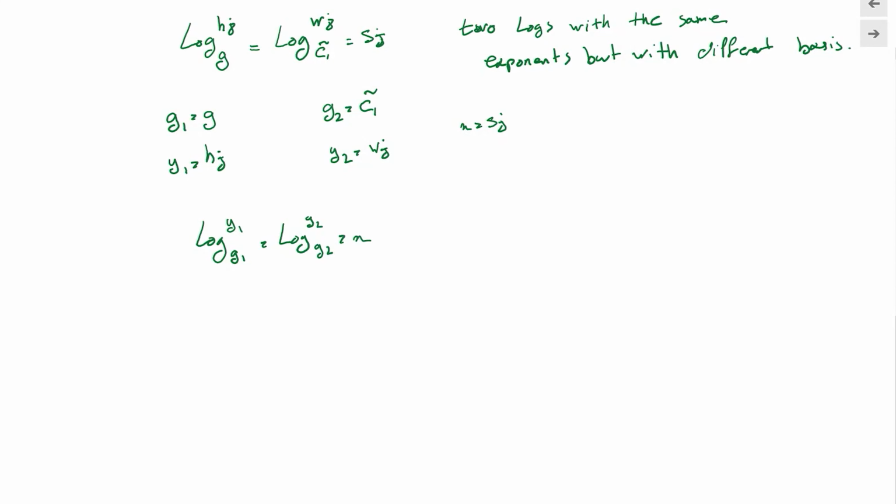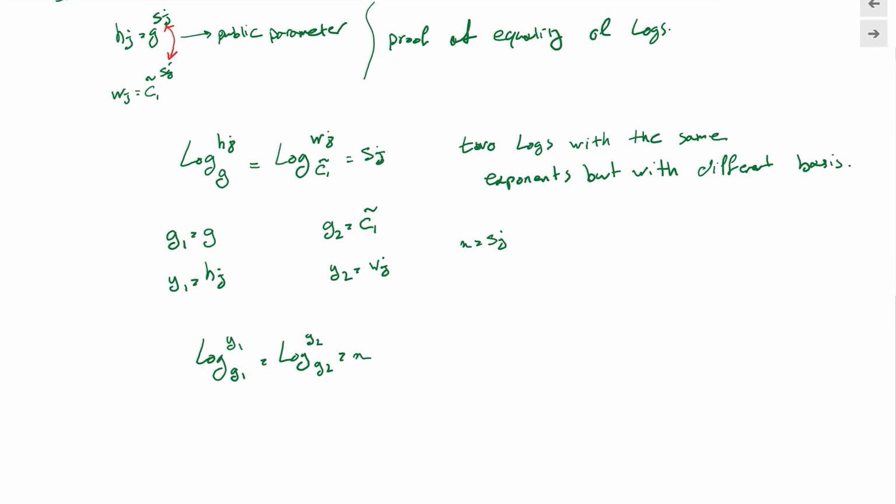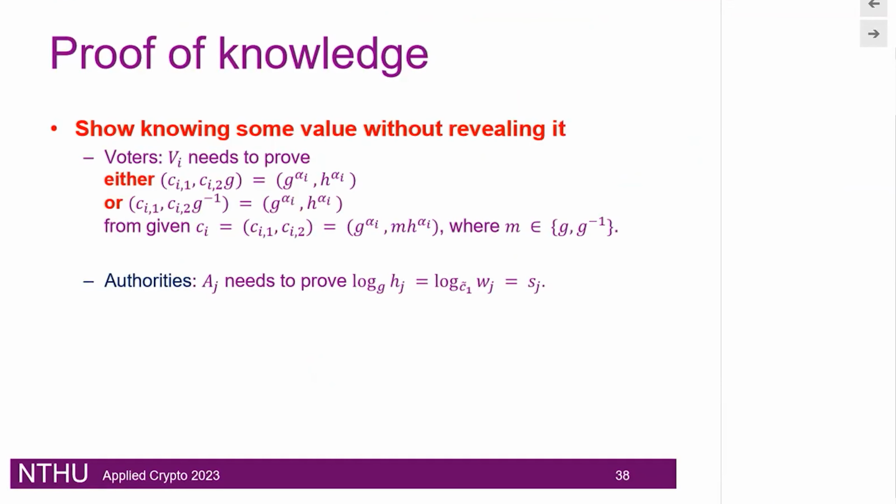So after publishing this wj, every authority also needs to provide us a small proof that he indeed used the same exponent. He has to solve this problem for us and prove to us that he indeed used the same exponent. All right, so that is roughly what we want to do.